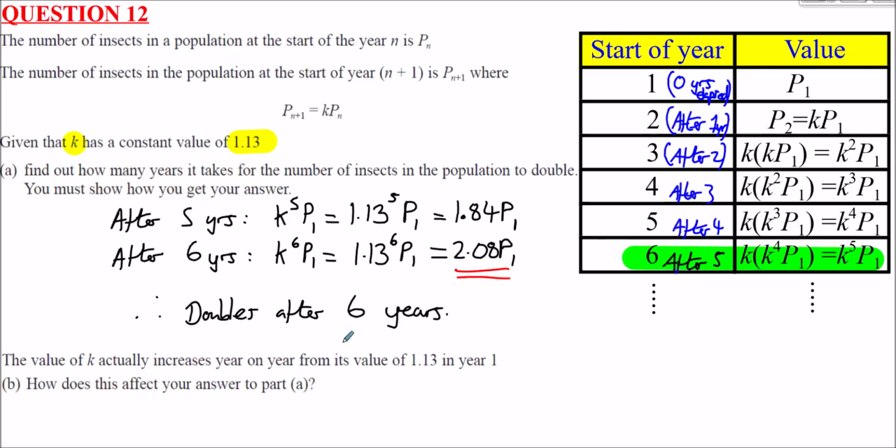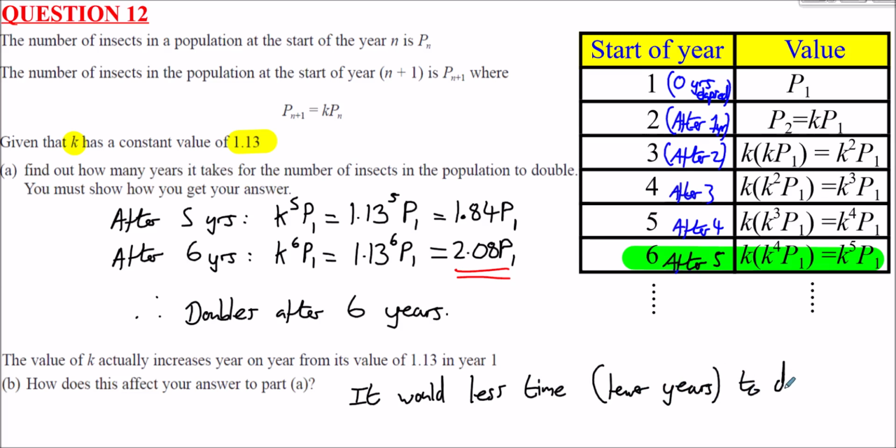So it would take less time to double. I'd leave it as less time, fewer years, you could say, to double, because we're multiplying by a bigger and bigger number, so it's going to get to the doubling point faster.